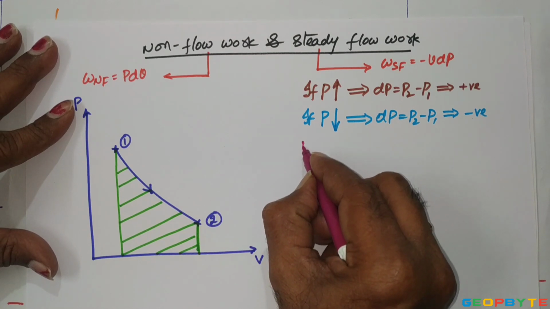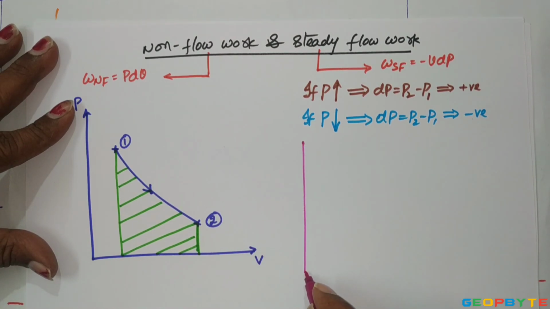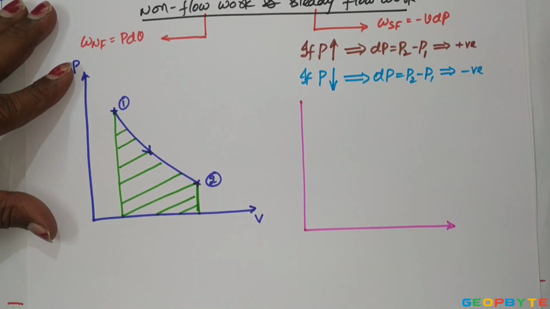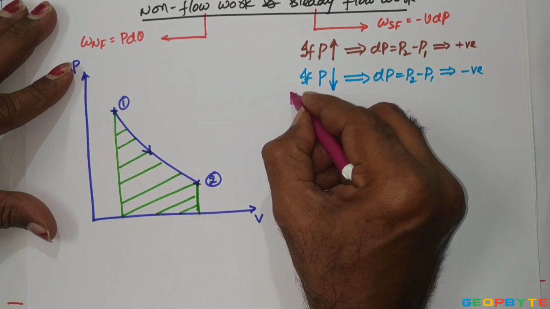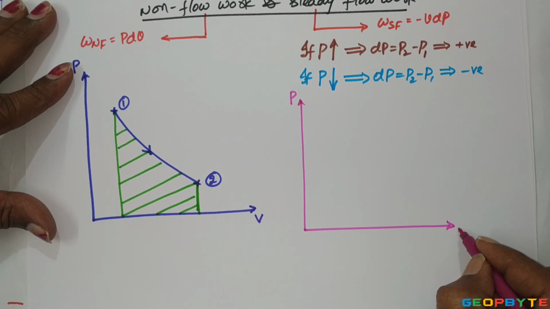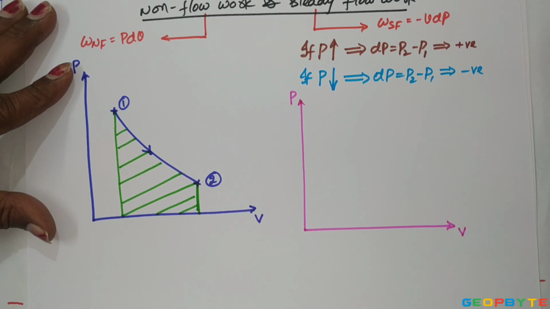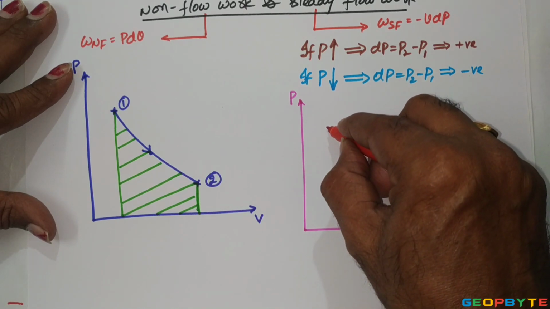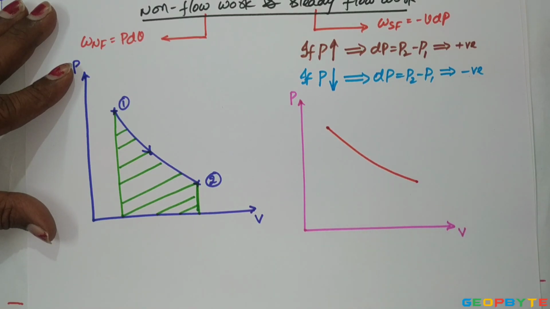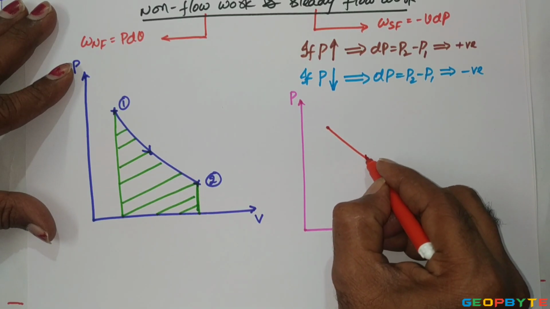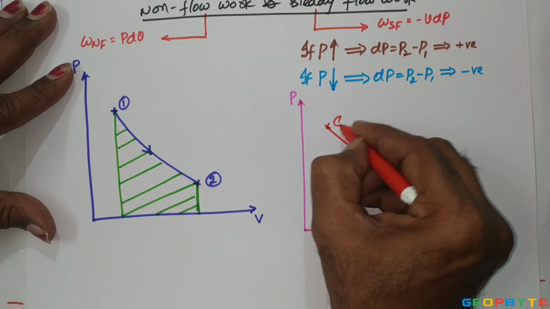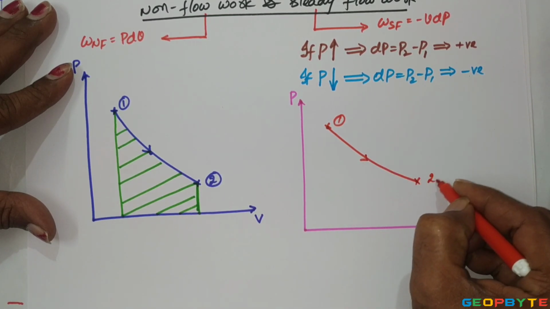With this information, let me construct the PV diagram for a steady flow process. Let us take an expansion process for a steady flow device. This is state 1, this is state 2.